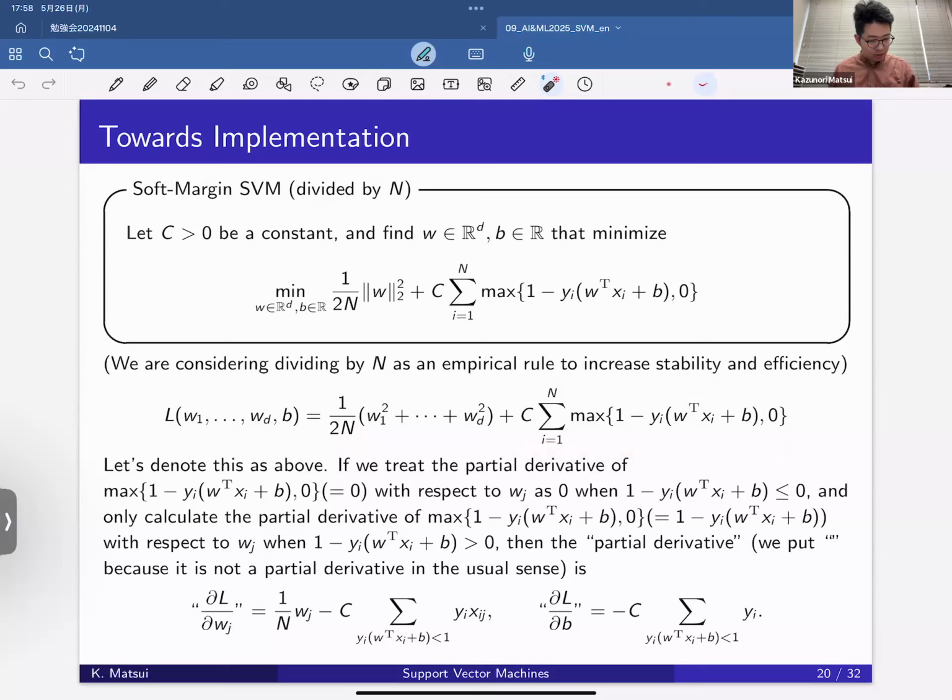The other part becomes minus c yi xij. So we just need to consider the summation of this only when yi (w xi plus b) is less than 1. And this becomes the partial derivative. The partial derivative with respect to b can be done similarly.